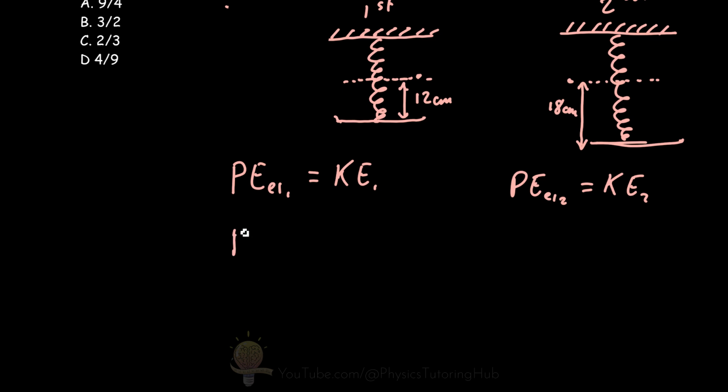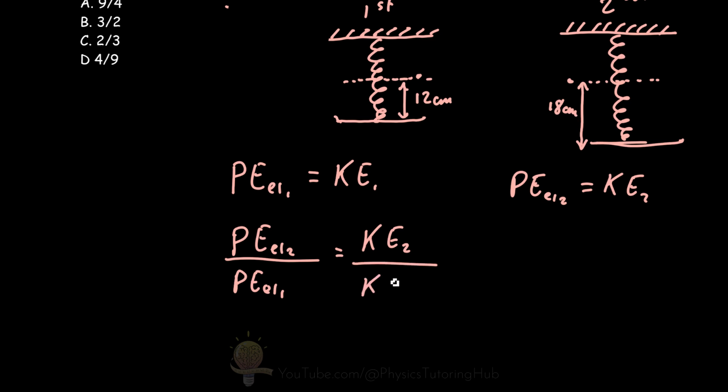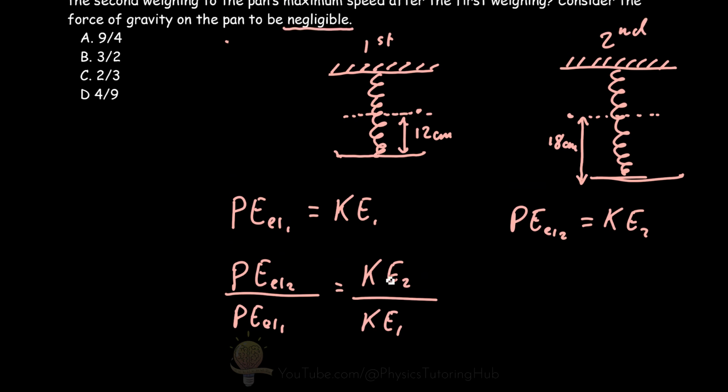So the potential energy of the second spring divided by the potential energy of the first spring is going to equal the kinetic energy of the second scenario divided by the kinetic energy of the first scenario. And that would be the ratio of the kinetic energies as this pan here hits this equilibrium position.